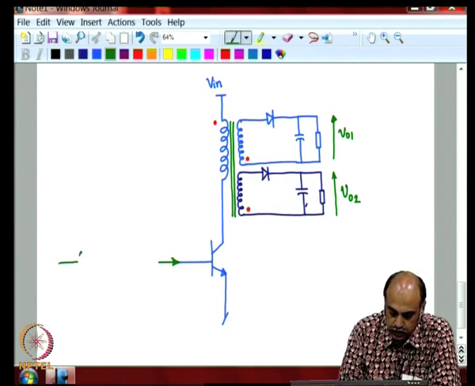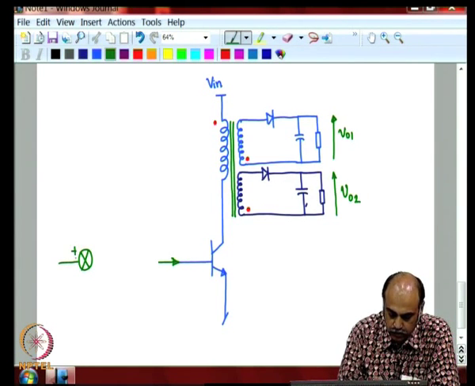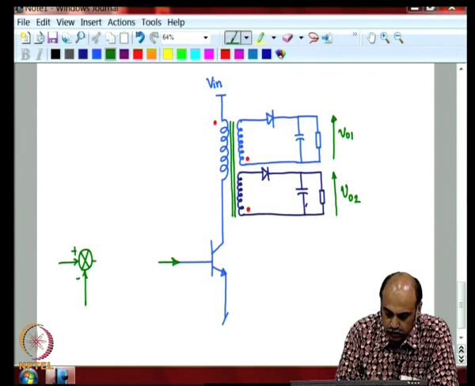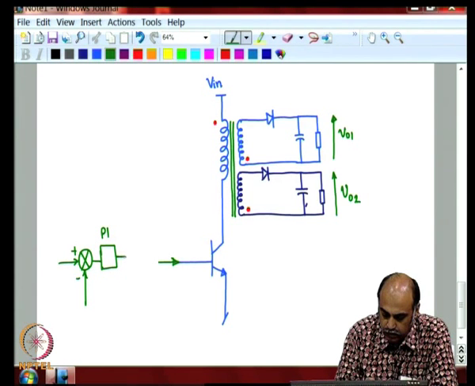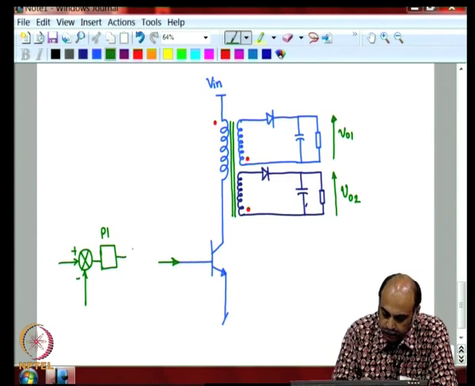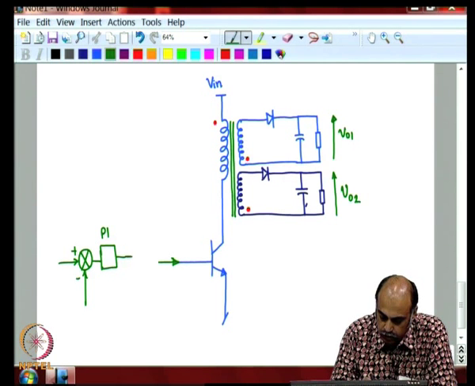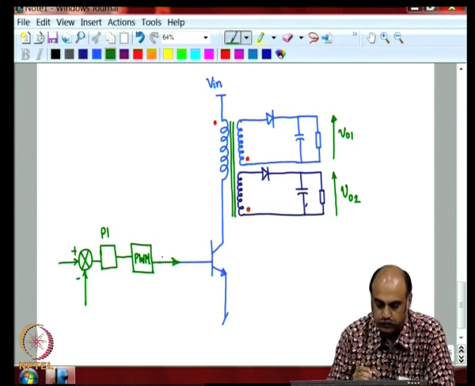You have all these controllers, and I am going to just put briefly the blocks PWM, drive, and so on and so forth.